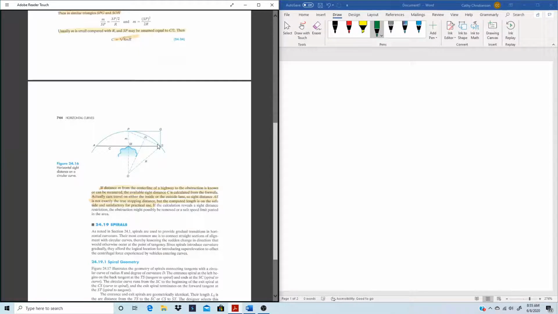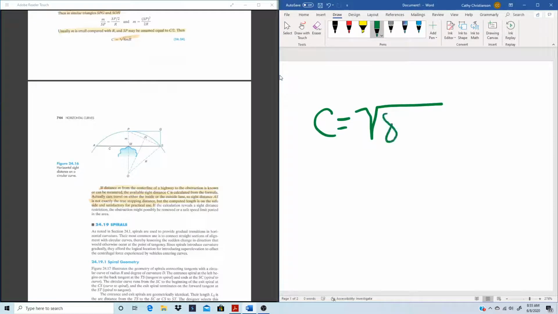So if I was given M, my formula is C equals the square root of 8MR.